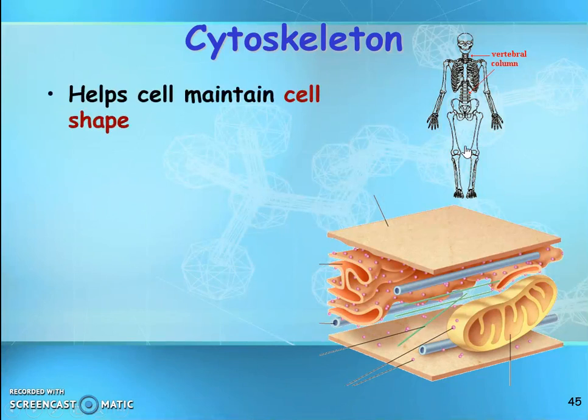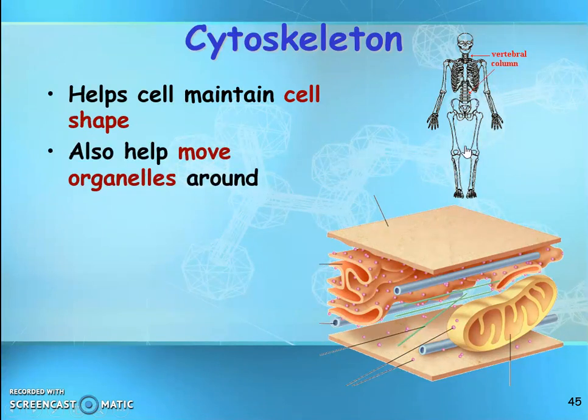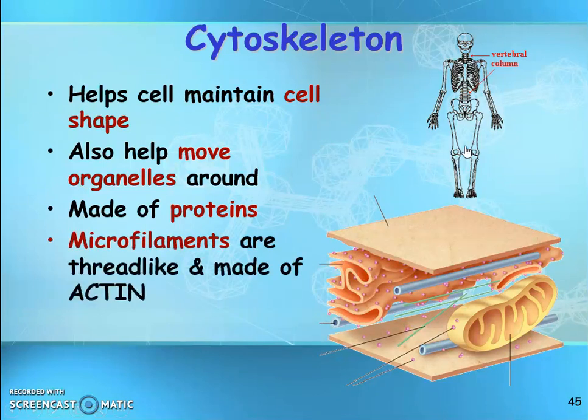Cytoskeleton, as the name suggests, cyto means cell, and skeleton. The cytoskeleton is a kind of skeleton for the cell, which helps the cell maintain its shape and also helps to move the organelles around. It is made up of proteins, including microfilaments. These microfilaments are thread-like structures made of actin.